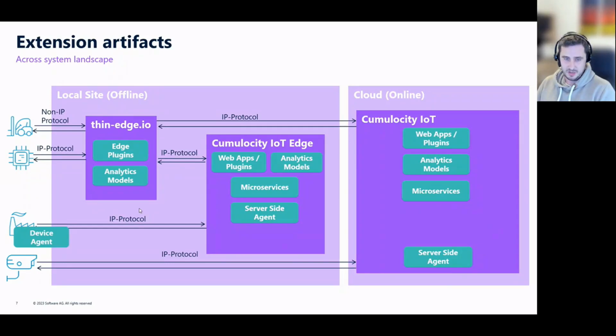We can also build stuff for Thin-edge, for device integration, to plug into a specific protocol and map it to the Cumulocity platform. We can also extend it by building a device agent using a pre-built SDK we are shipping. These are all the things across the system landscape, how we can extend the Cumulocity IoT platform beyond the standard functionality we have.